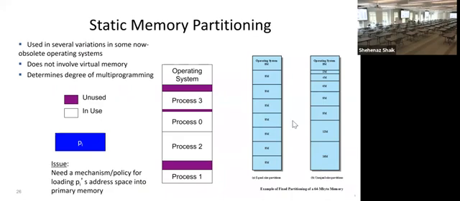Here we have made this decision based on the internal fragmentation, and as part of that, we try to reduce the amount of wasted memory as much as possible. So that is one way of decision making.